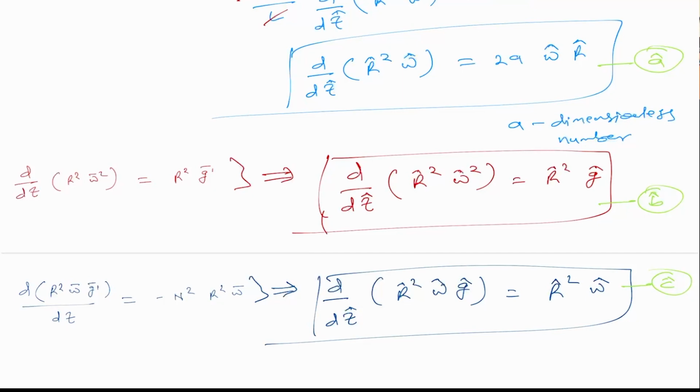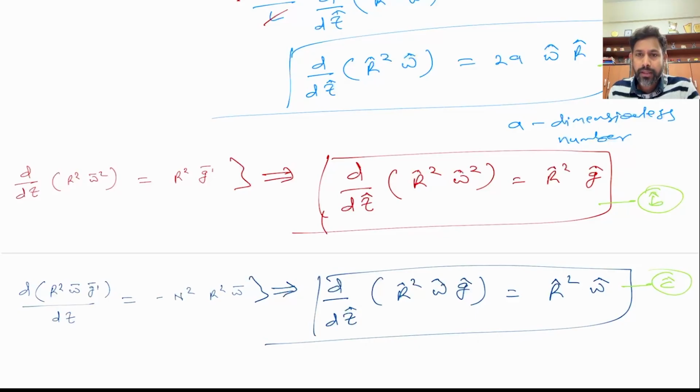to solve for these parameters. So we will try to find a solution now. And what you see here is there is one constant apart from R, W and G. We also have A, which is a dimensionless number. That's the entrainment coefficient, which we have seen before.